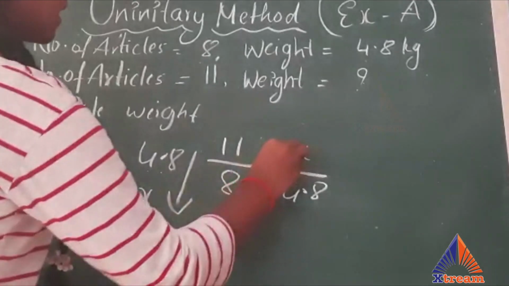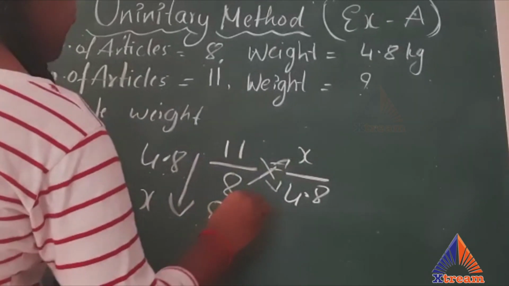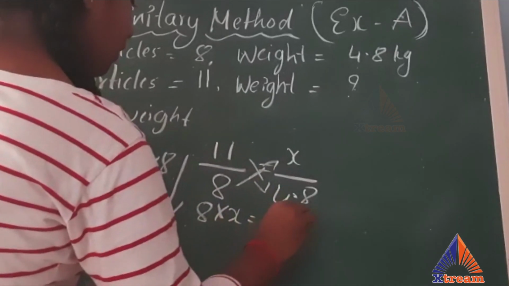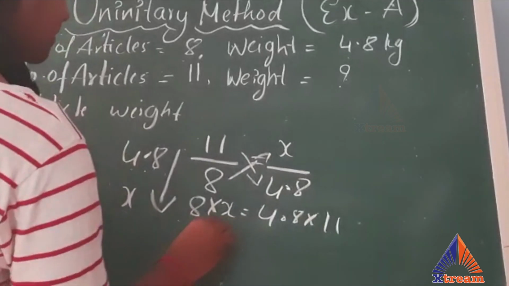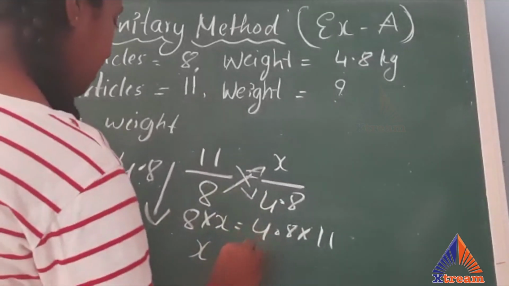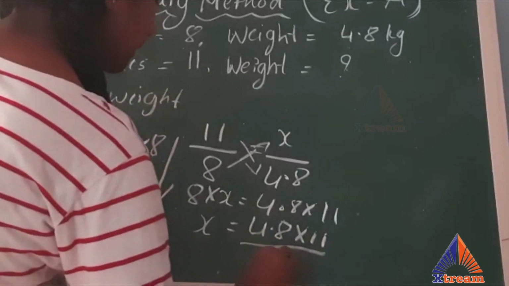Now cross multiplication. So 8 into x is equal to 4.8 into 11. So x as it is, transfer this 8 to this side: 4.8 into 11 divided by 8.